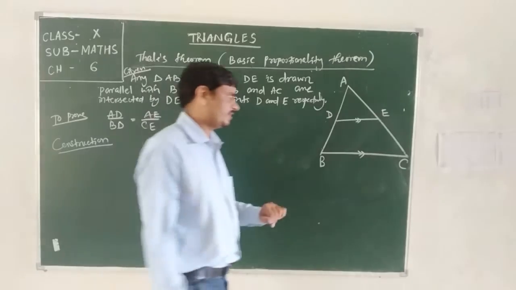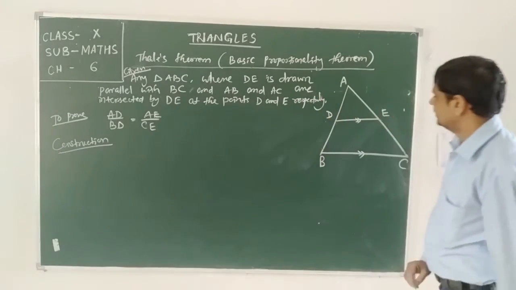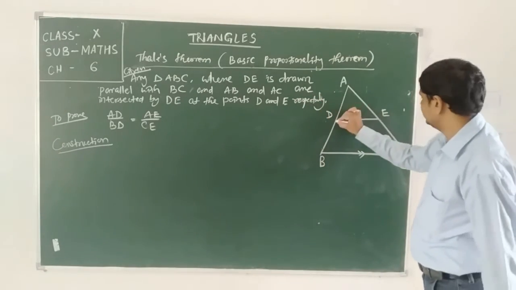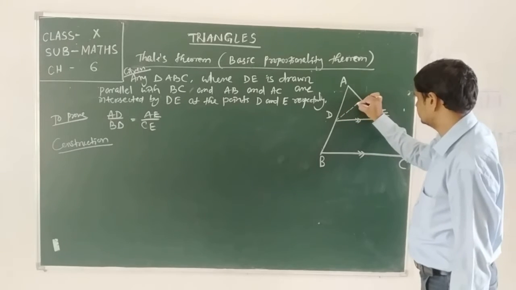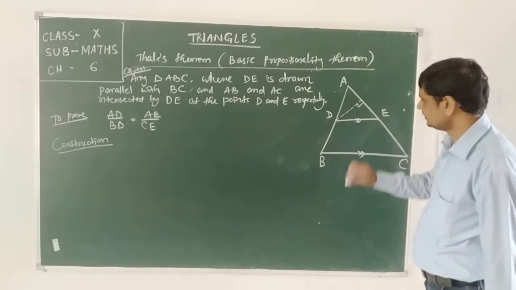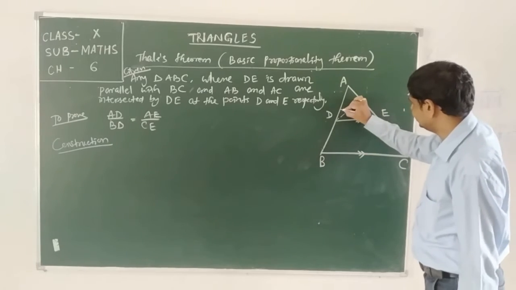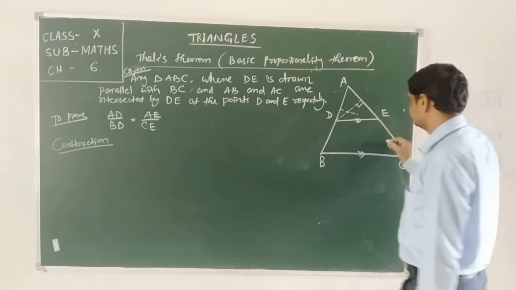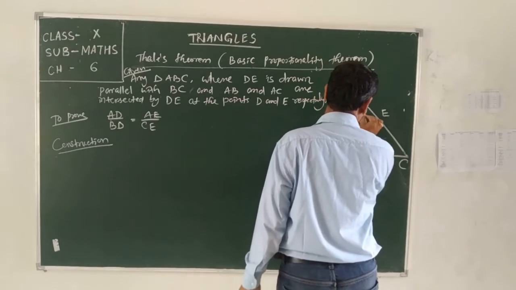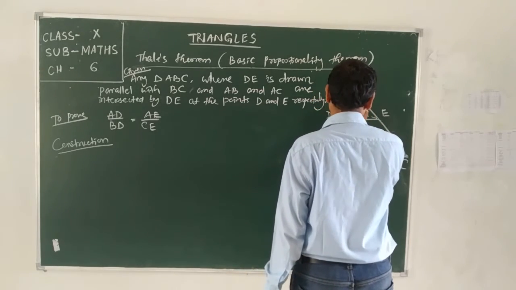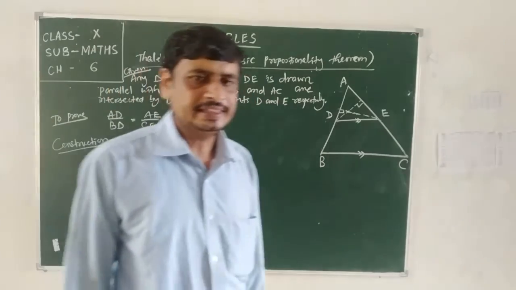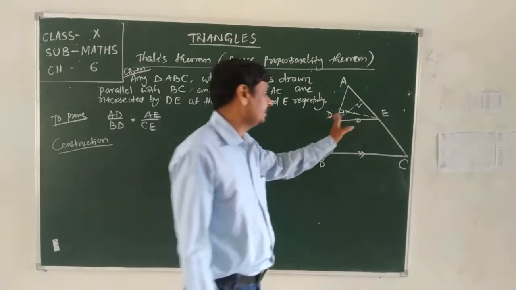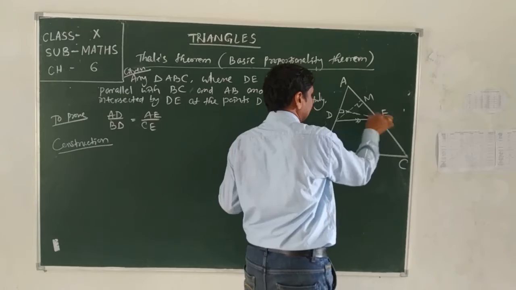So we have to construct a perpendicular from D on AC and from E on AB. Two perpendiculars are there, that is DN and EN.